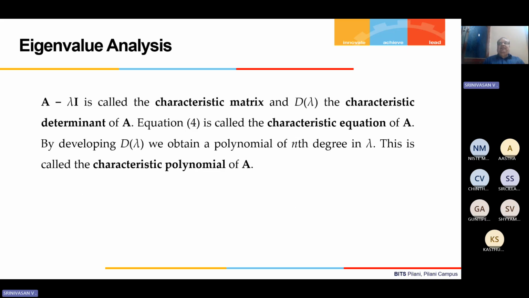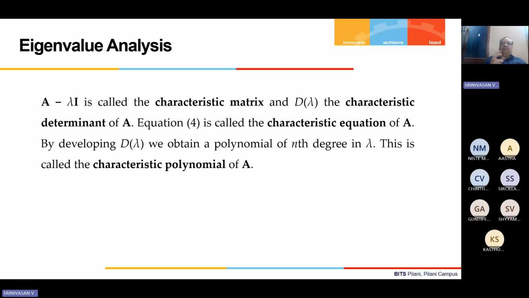By developing D of lambda, that is, by expanding, we obtain a polynomial of nth degree in lambda, because we have taken A as a matrix of order n by n. If A is of order 2 by 2, we get a second degree polynomial in lambda.